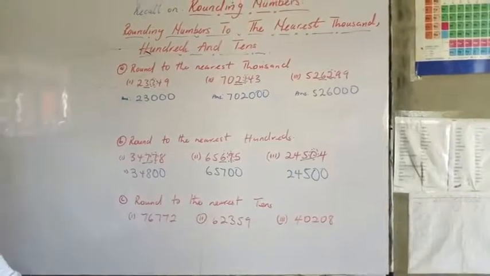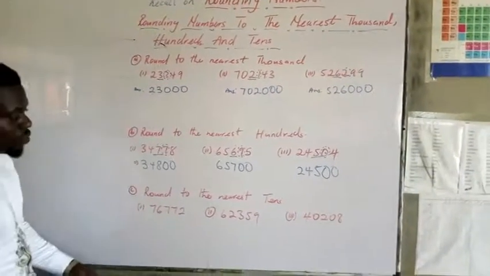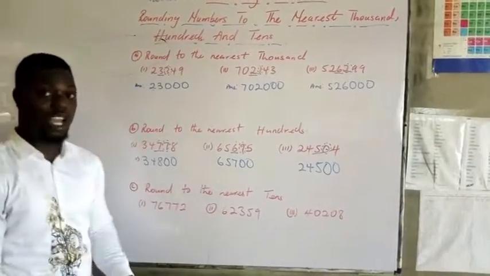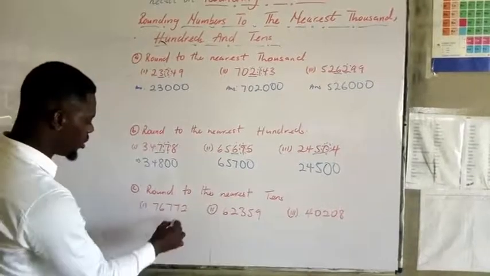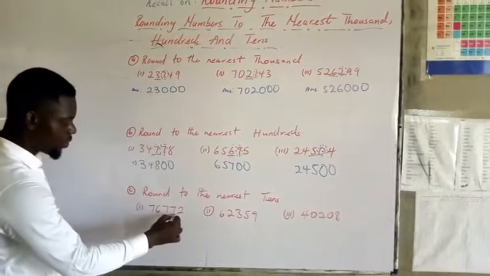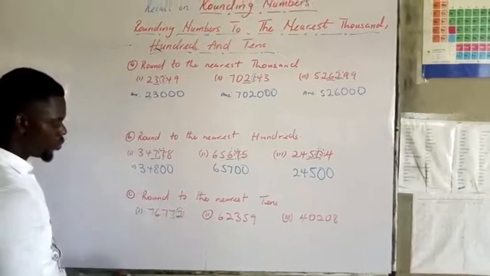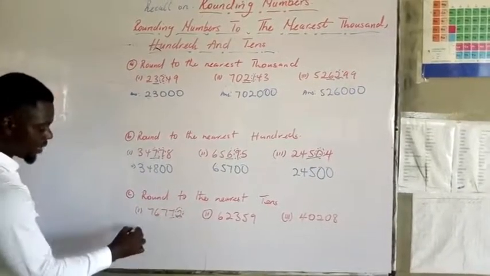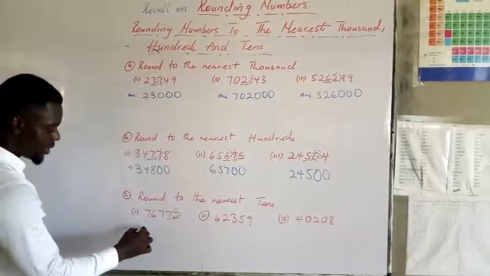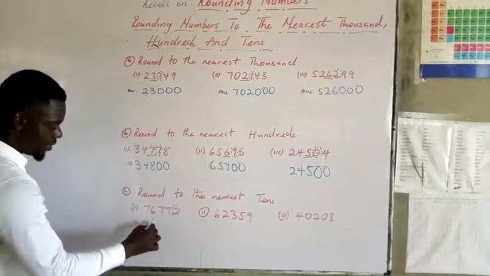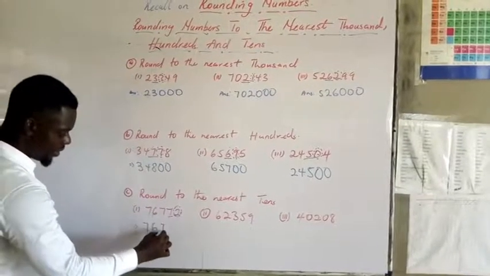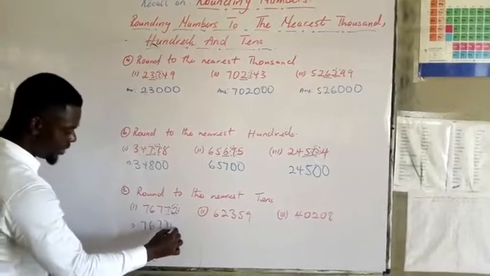Let's look at the last part of it, the C. We are rounding to the nearest tens, which is the one that we learned on Tuesday. So this is tens. Check the digit behind. The digit behind is 2. So who can tell me the answer? Okay, tell me the answer once I write it. 7, 6, 7, 7, 0.